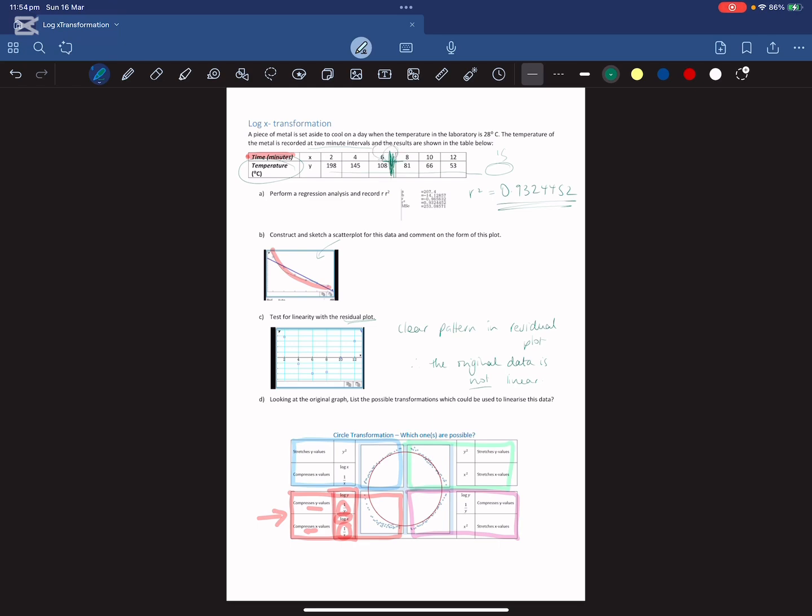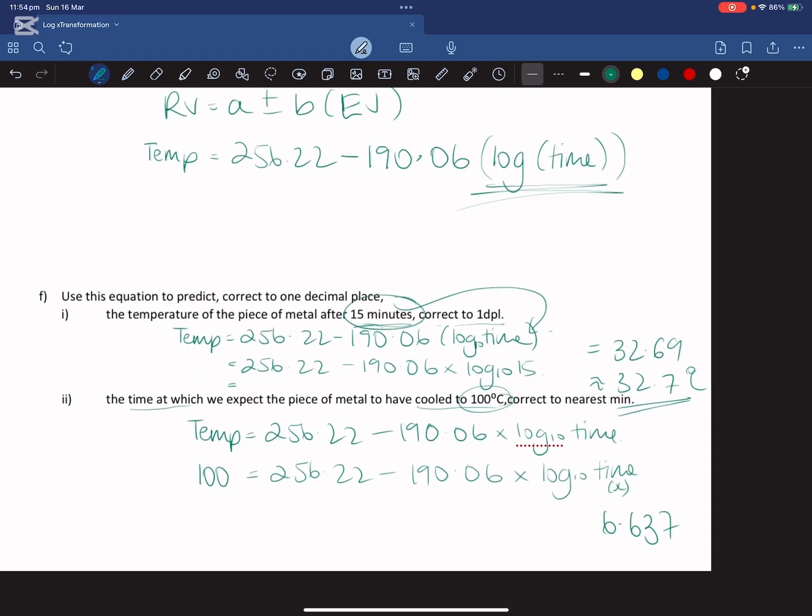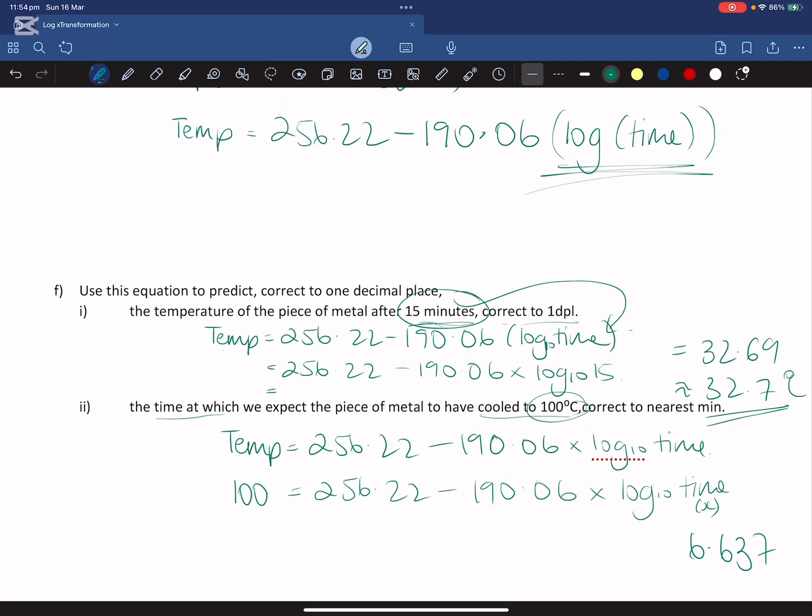It's very close to 6. So the world makes sense again. That transformation, I've definitely put that in the right place. Correct to the nearest minute, this is going to be approximately 7, because it definitely wouldn't have got to 100 at 6. We're going to have to round up.